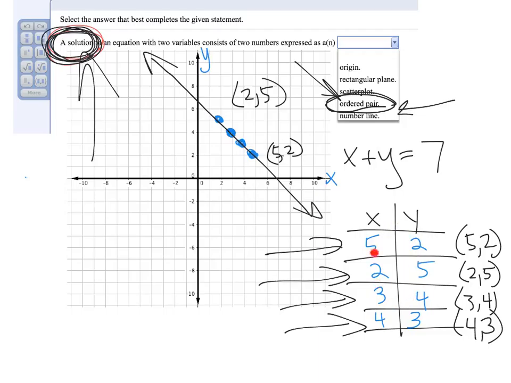And we put it in a table. This is called the ordered pair when you put them together with a comma and parentheses, and then you plot them on your graph. So basically, this line, this table, and these little points, plus this equation, they're all talking about the same thing.